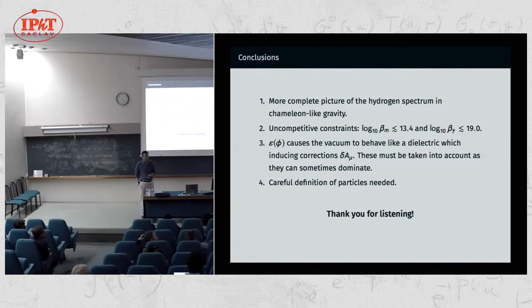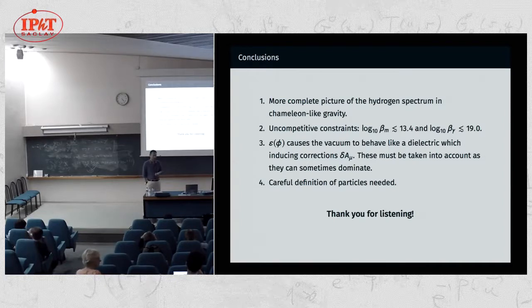Well, for the first part, have you looked at Eöt-Wash? Because you would expect that this coupling would induce different elements to fall differently in the presence of phi. So I could imagine that those measurements are extremely precise. Oh yeah, definitely. People have definitely looked at Eöt-Wash and understood the constraints from that.